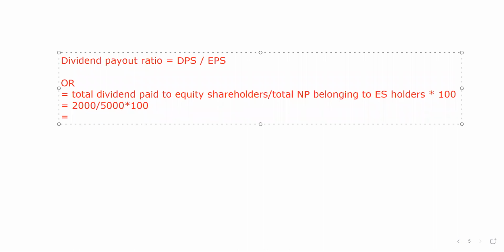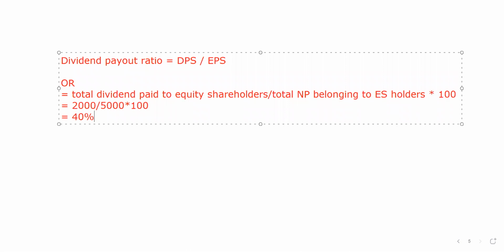So what is the ratio or what is the percentage? 40%. Okay, so this 40% depicts that the equity shareholders had an amount of 5,000 rupees with them in the form of earnings or net profit or net income.